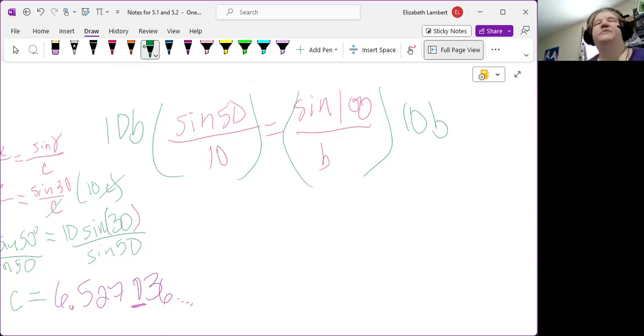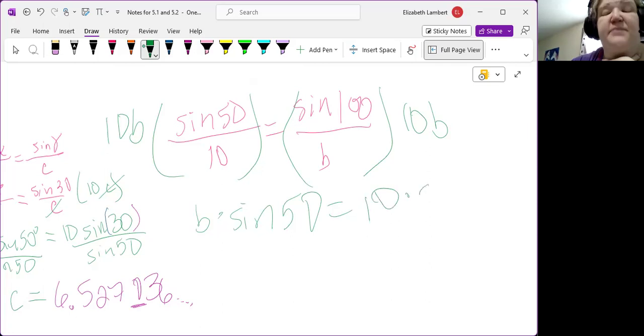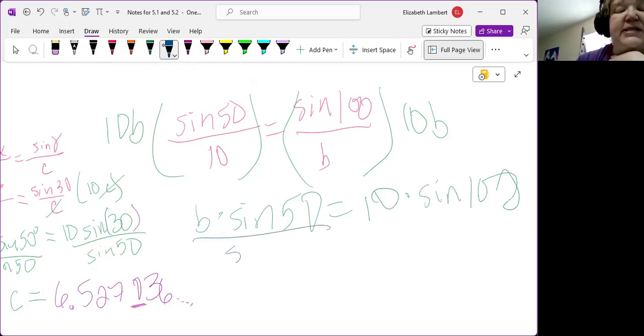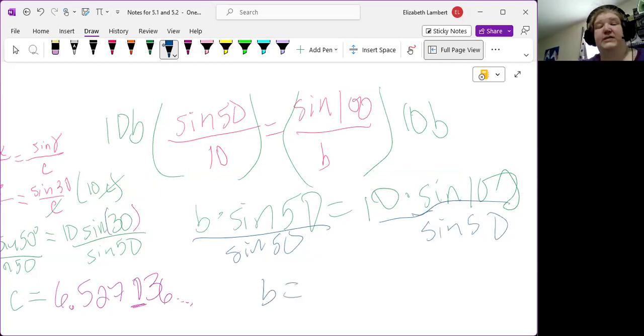All right, so 10 times b is our common denominator. The 10s cancel, and I'm left with b times the sine of 50. Over here, the b's cancel, so I'm left with 10 times the sine of 100. Last step is divide by the sine of 50. And we will get our third and final side.